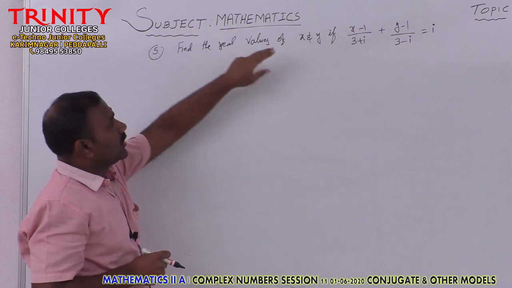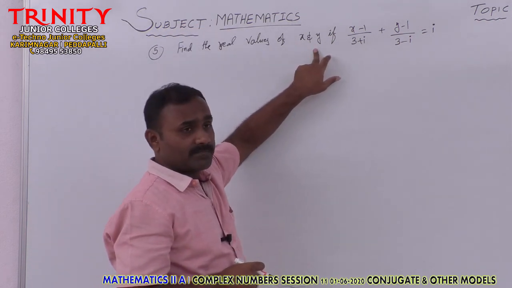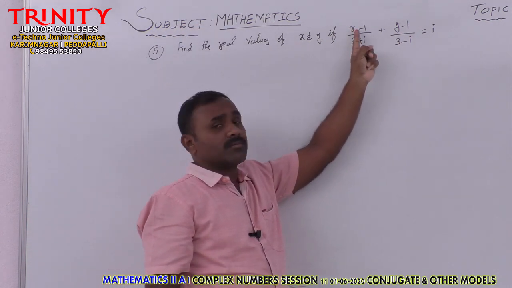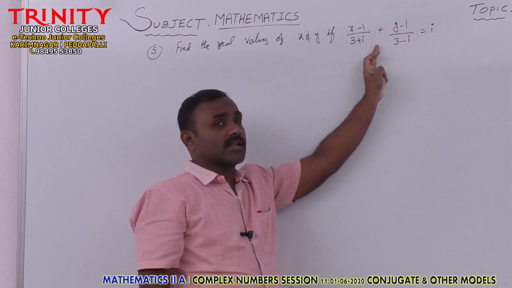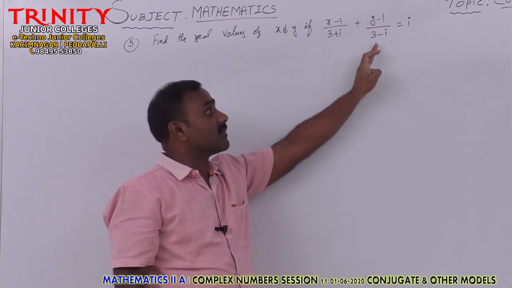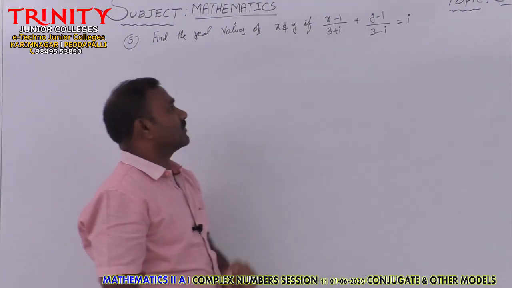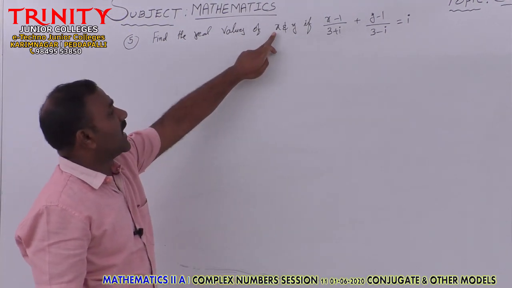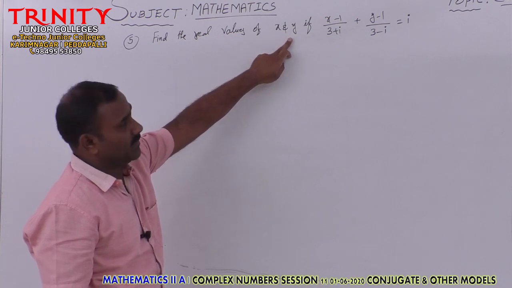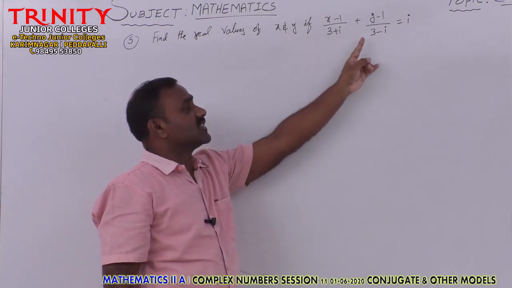Find the real values of x and y if (x minus 1) by (3 plus i) plus (y minus 1) by (3 minus i) is equal to i. By using this condition, we are asked to find the values of x and y.